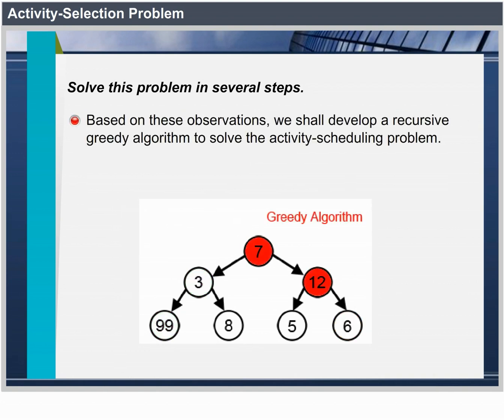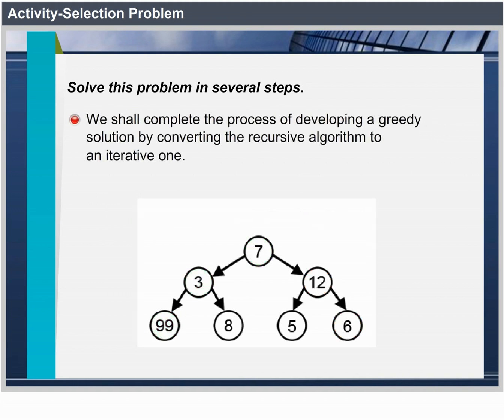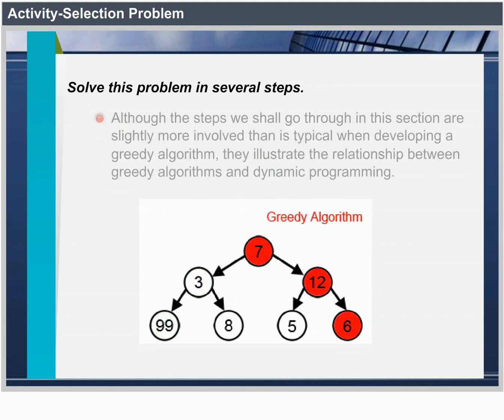Based on these observations, we shall develop a recursive greedy algorithm to solve the activity scheduling problem. We shall complete the process by converting the recursive algorithm to an iterative one.